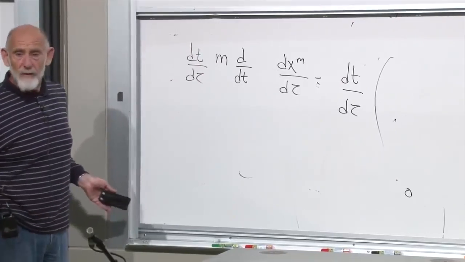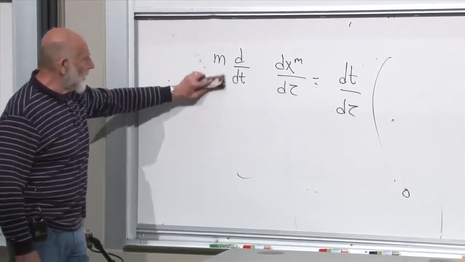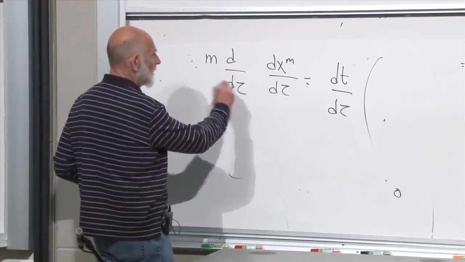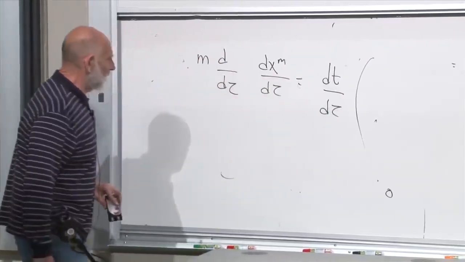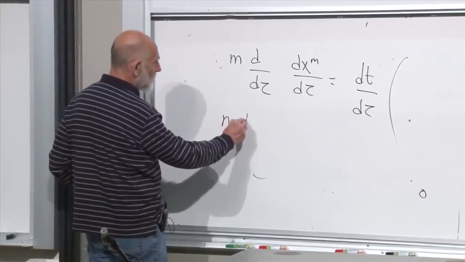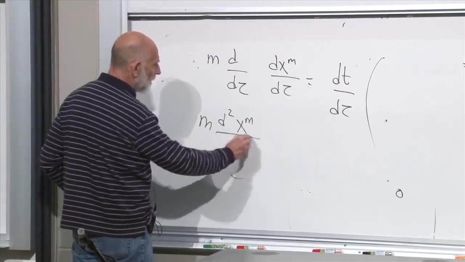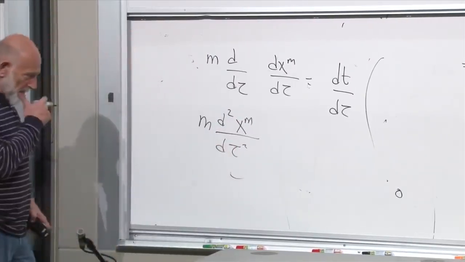That's just d by d tau. The dt's cancel, and this is just the rate of change with respect to tau. And this is a nice expression. This is just a mass times a second derivative of the component with respect to tau squared.